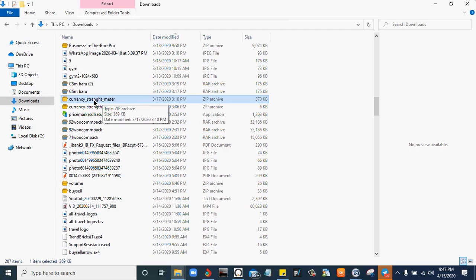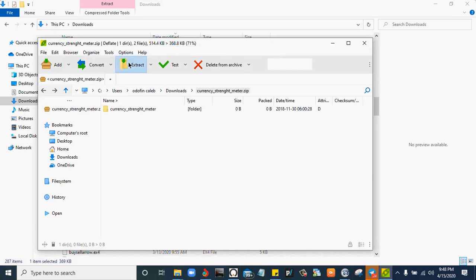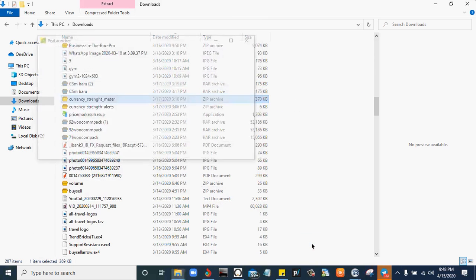Currency strength meter. Now, this indicator is not on MT4, but somebody made it. They want you to know which currency is strong at a particular time, or is weak at a particular time. So once you download it, of course, this is a zipped file, so I need to unzip it before I can use it. So I want to unzip, extract it.